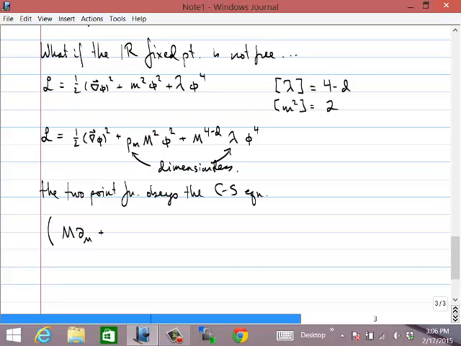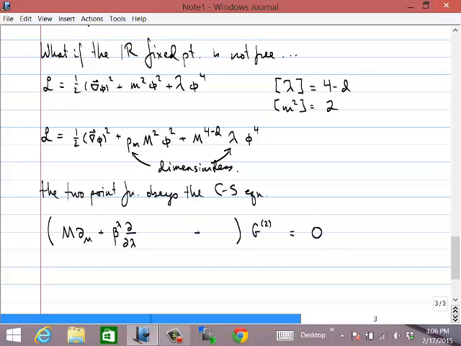In the case of phi to the 4 coupling, we had a beta function that we called beta lambda. The logarithmic derivative of the Green's function with respect to our renormalization scale was given by the beta function times the derivative of the Green's function with respect to the coupling.